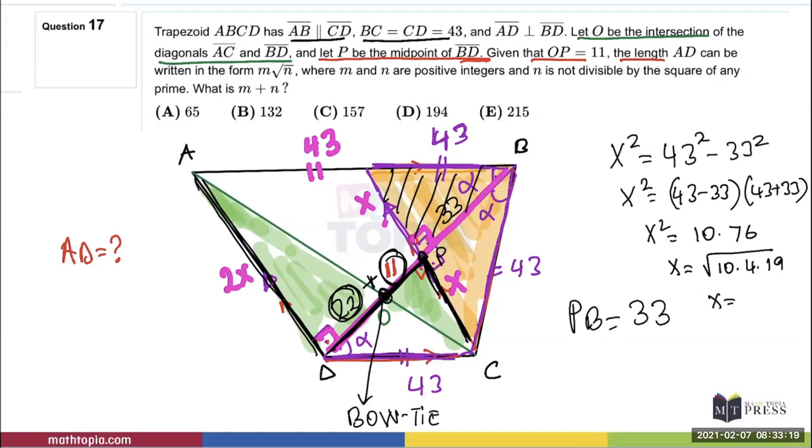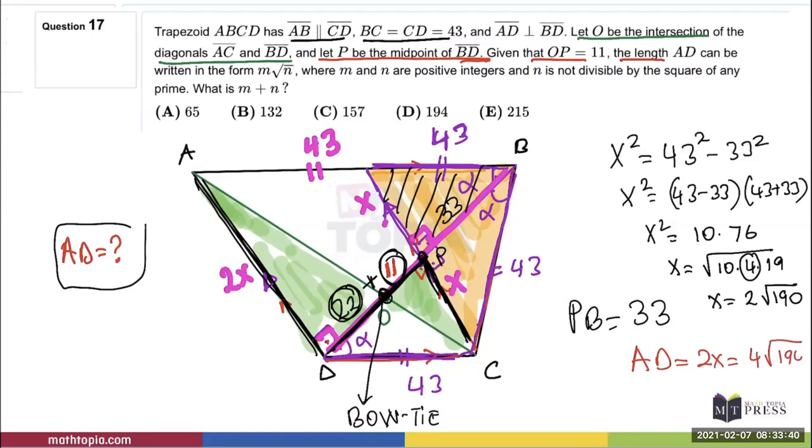Then x becomes, I can take this out, 2 root 190. Then the value of AD is double 2x, which is going to be 4 square root of 190.